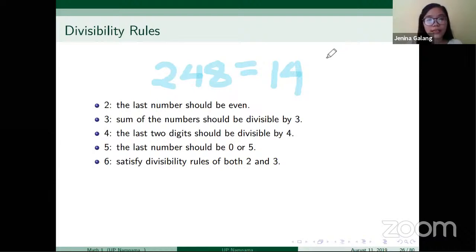So, for instance, kapag ang number natin is 216, yung sum ng digits ng 216 ay 2 plus 1 plus 6, which is 9.